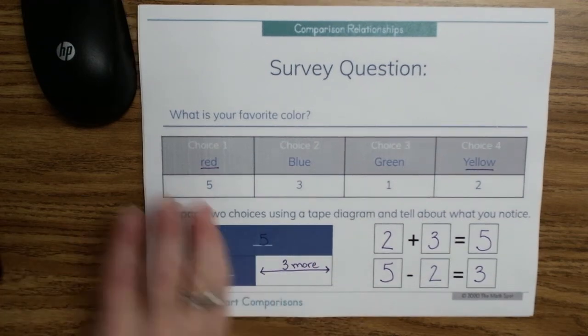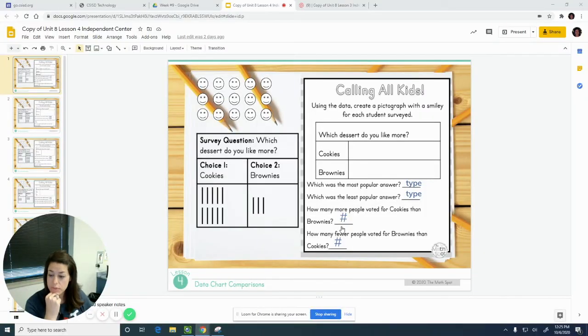Okay, so you guys are going to do something very similar. Let me show you. For your assignment, we're going to look at the survey and we're going to create a graph because we've done this before. And then we're going to fill in what we know. It says use the data to create a pictograph with a smiley for each student survey.